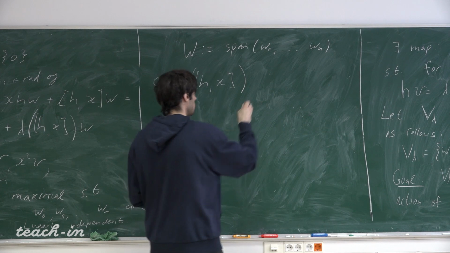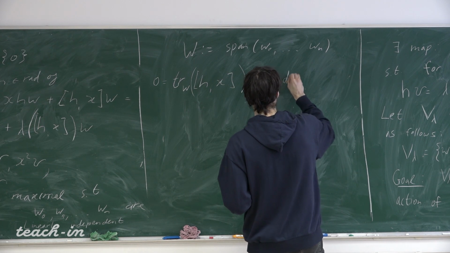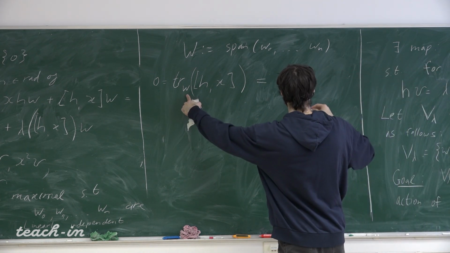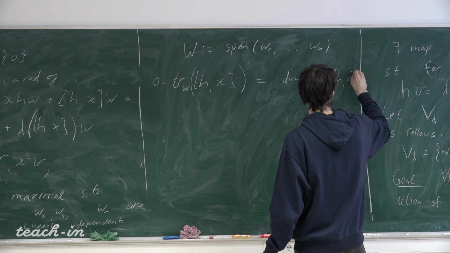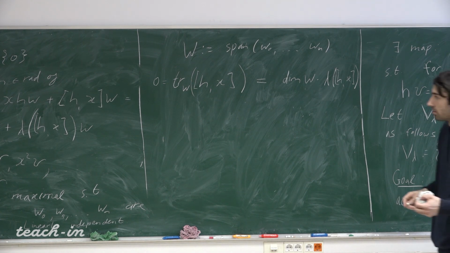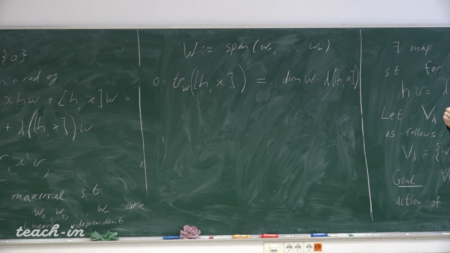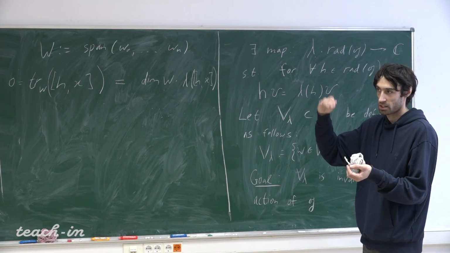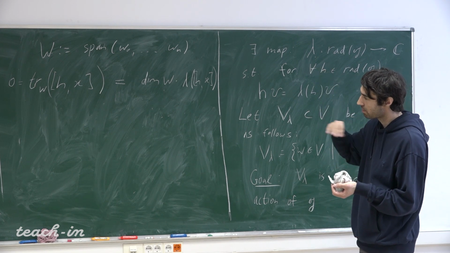But on the other hand, I claim that this is the dimension of W times lambda of the commutator of H and X. Because on the diagonal we have lambda of it every time, and something else off diagonal, above the diagonal.